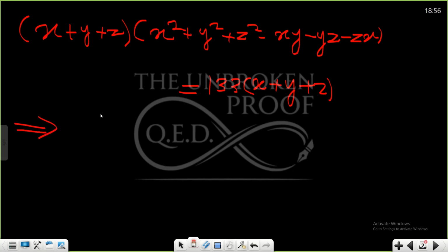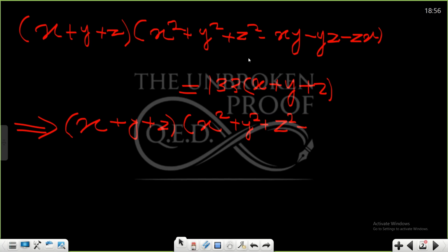So we will get x plus y plus z times x square plus y square plus z square minus xy minus yz minus zx, and here also put minus 133 because we are taking it common, right?